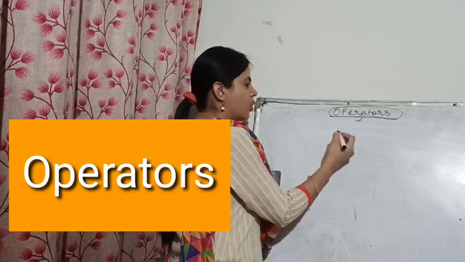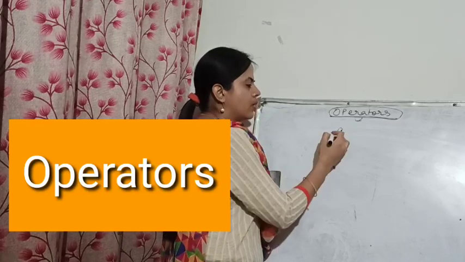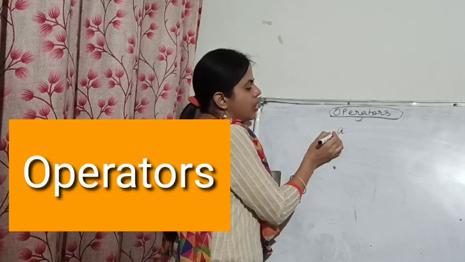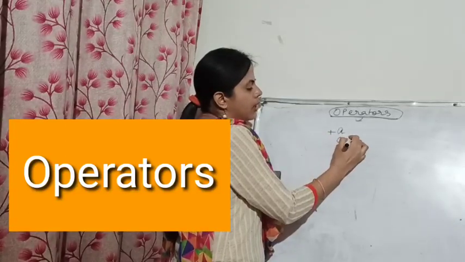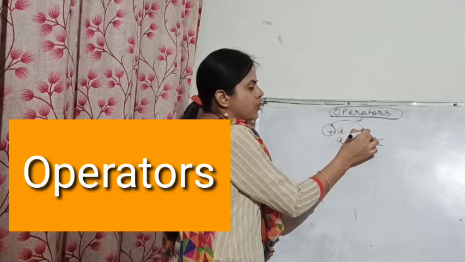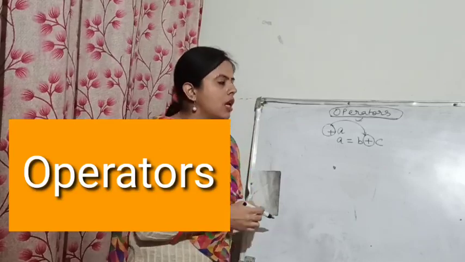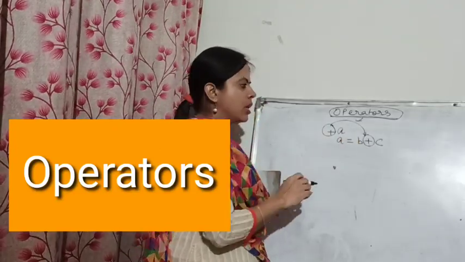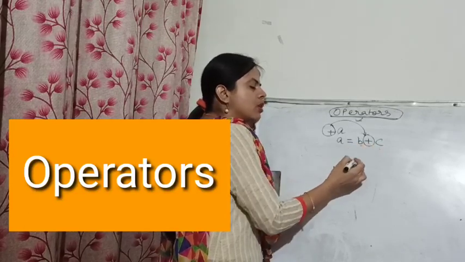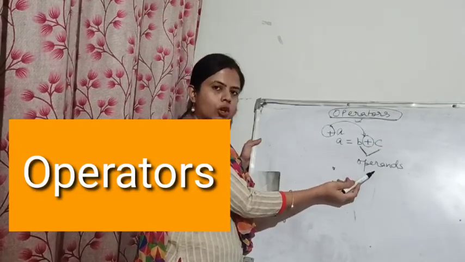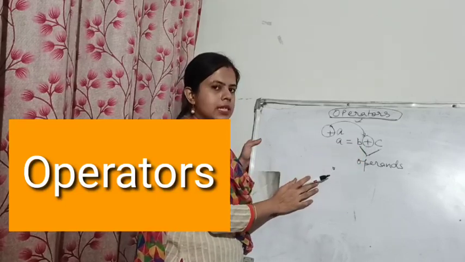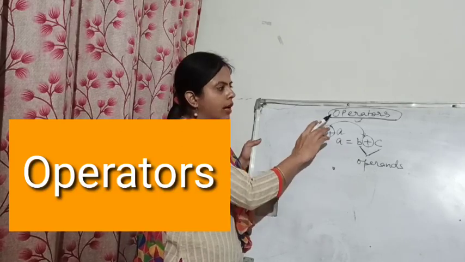We all know that when I define an identifier, it is called a variable. The operation is performed on these variables or objects, which are called operands, and the symbols which perform the calculation are called operators.